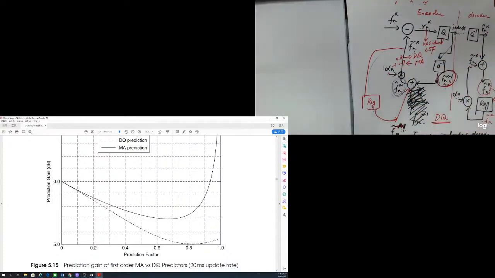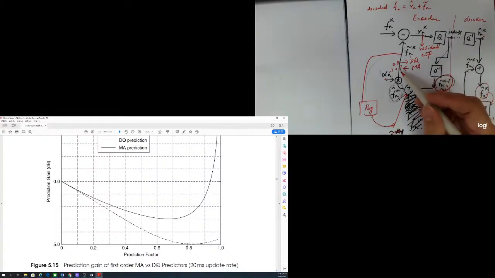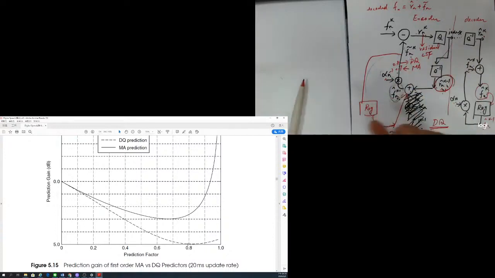Because we are trying to do the prediction based on the quantized residual line spectrum frequency, the correlation will be lower. If we are based on the decoded line spectrum pair differential quantizer, the correlation can be higher because they are highly correlated.